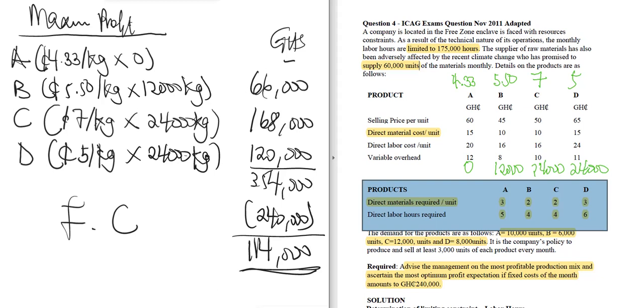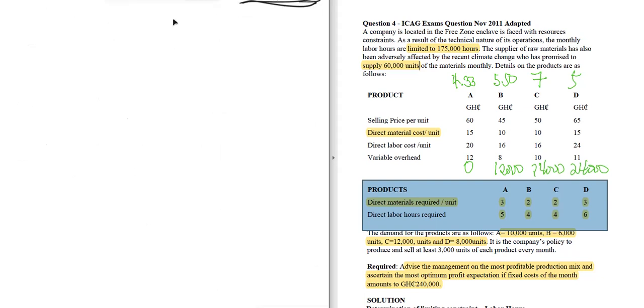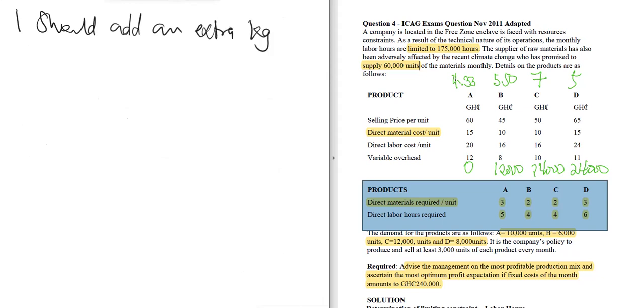Now let's come to the concept I said I'll bring on, shadow price. Now, if we say shadow price, that is, if I should add an extra kg to the 60,000 kgs available, not so.